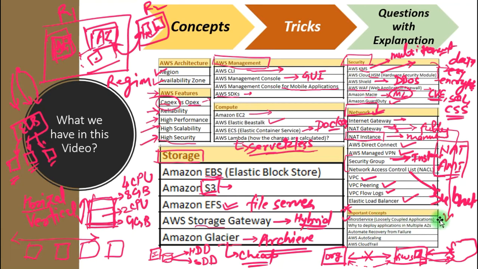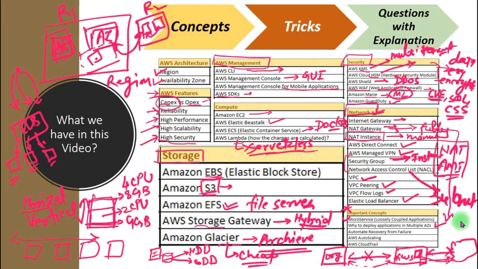But in a loosely coupled environment, these components are loosely coupled. So if we want to perform maintenance on one of the components, we just need to shut down the services related to that component, without impacting the whole application. This way we can use loosely coupled applications.